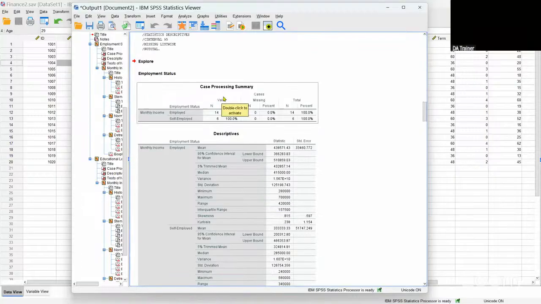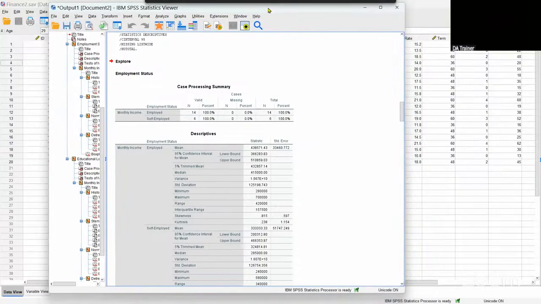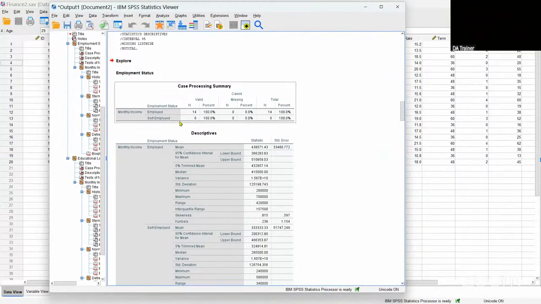All right. If you can see my screen very well, you agree with me that employment has just two sets of persons under it: the employed, who might be government workers, and the self-employed business people. 14 and 6, making a total of 20, right?